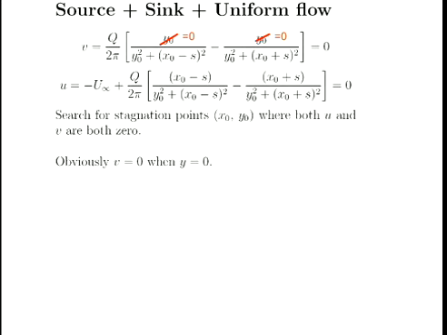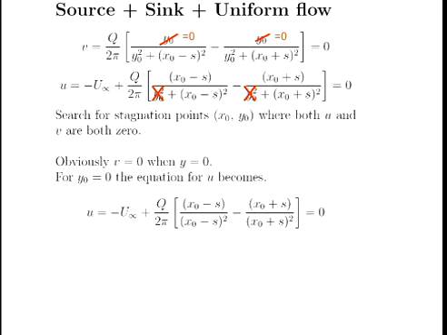So if we look along that line, we automatically know that v is equal to 0, and then all we've got to do is find a position along that x-axis where u is also equal to 0. So we can substitute y equals 0 into that expression, and then we've got the equation for the variation of u along the x-axis, along that line where y is equal to 0.